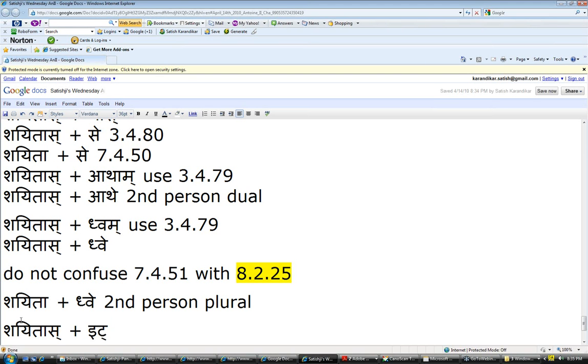Because Panini's sutram says itot. We will see the sutram itot sometime later on. But Panini wants only this ikaraha to do something, so he says itot. So he can distinguish this. This is the e which is marked with the ta. So visheshanartham, he makes it specifically this e only. If he didn't have the ta as an it, how could he say only this e should do something?